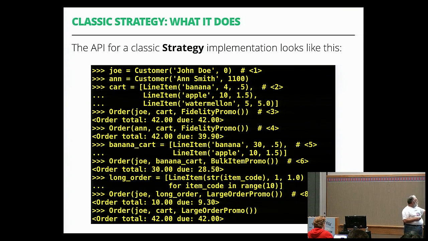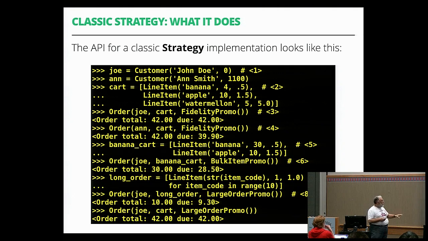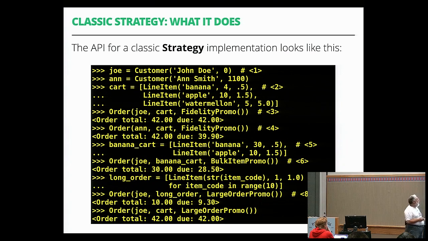And then even Joe gets a discount in this case because there is a promotion called book item promo, which applies to items that have many, I don't remember how many. Anyway, items that have some large quantity get the book item promo.